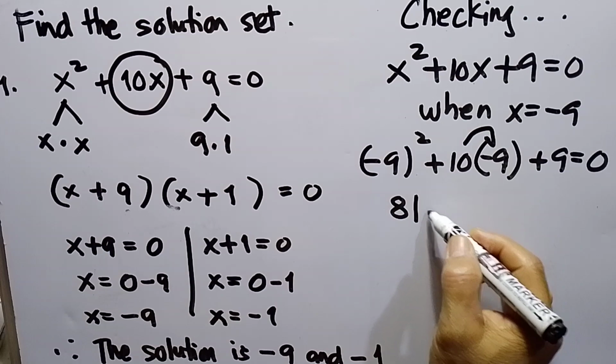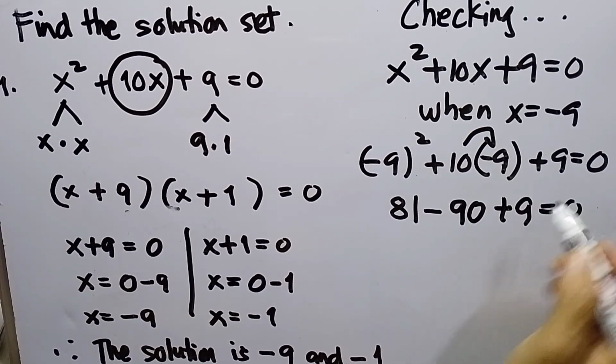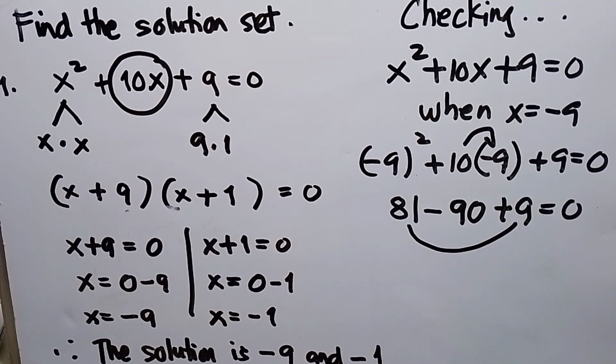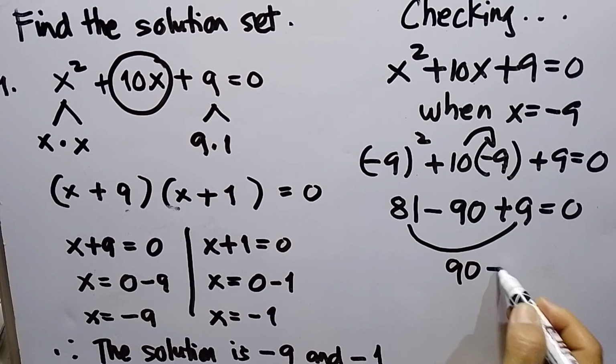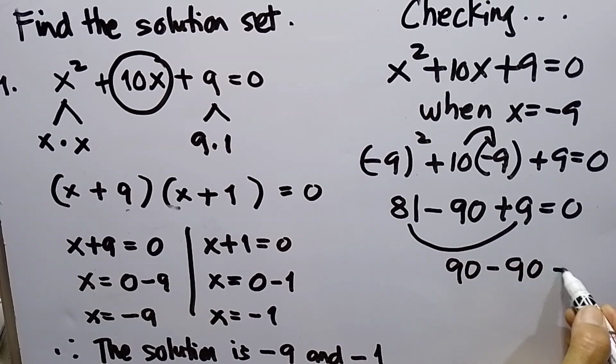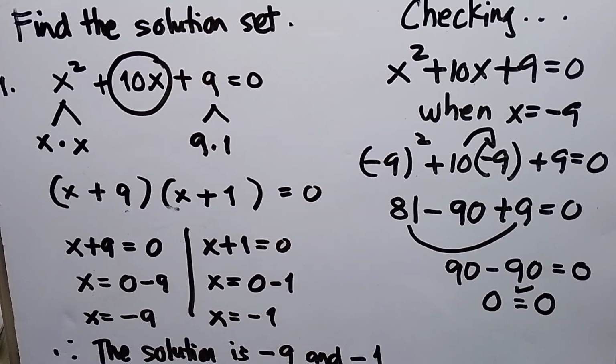Then multiply, this is negative 90 plus 9 is equal to 0. Combine this positive. So this will be 81 plus 9 is 90. Take away 90 is equal to 0. 0 is equal to 0. So therefore, the solution set is negative 9 and negative 1.